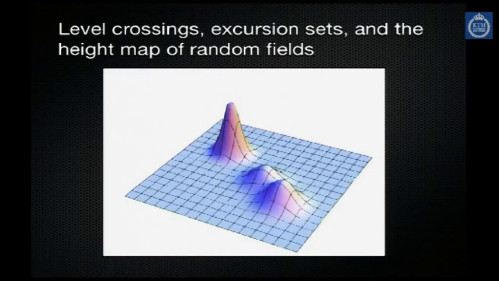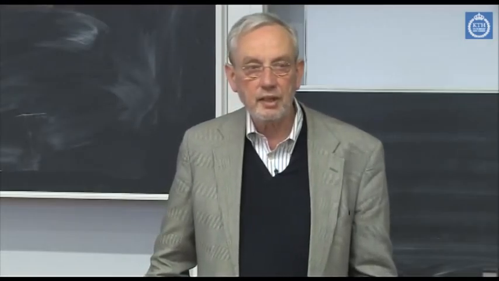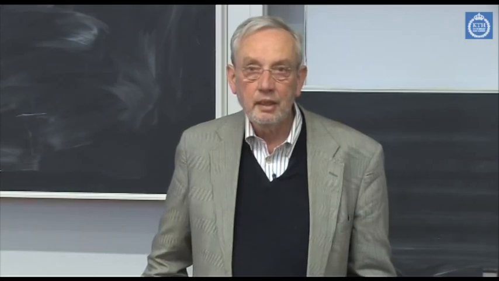All right, so let me talk a little bit about level crossings, excursion sets, and the height map of random fields. And this is where the connection comes in between differential topology and the information theory of functions. So, excursion sets: I'm not sure who coined this term, but it's used very much in these books that I mentioned at the beginning by Adler.